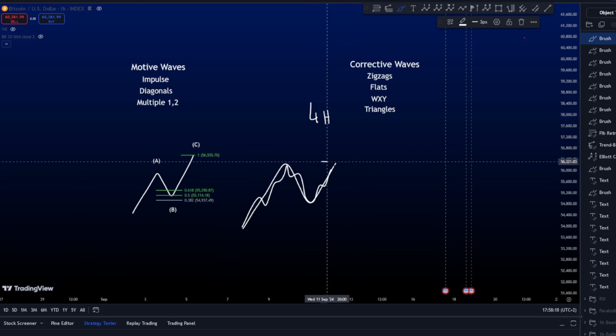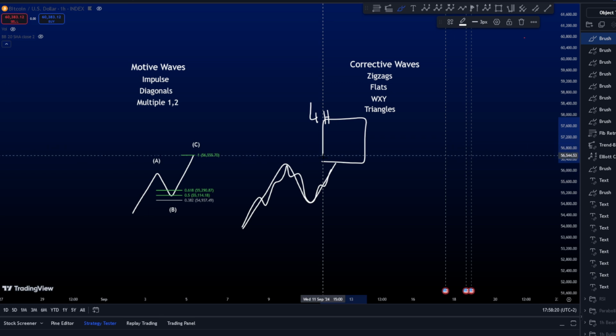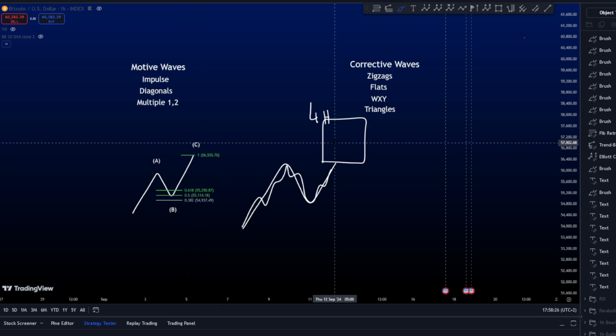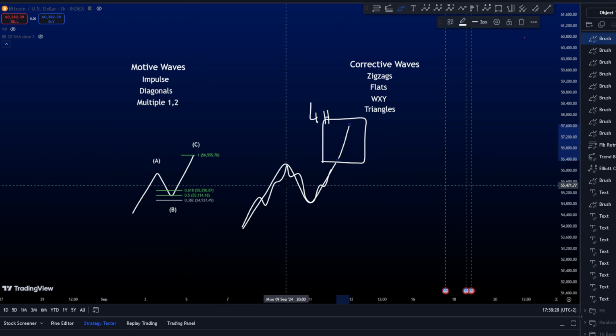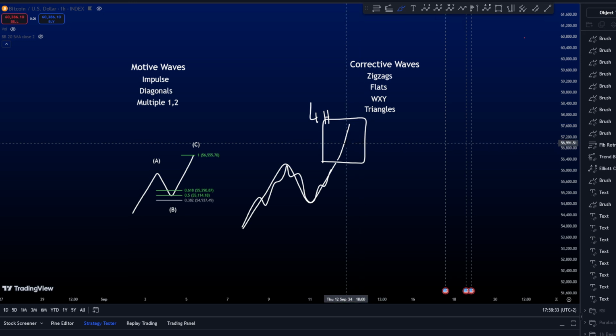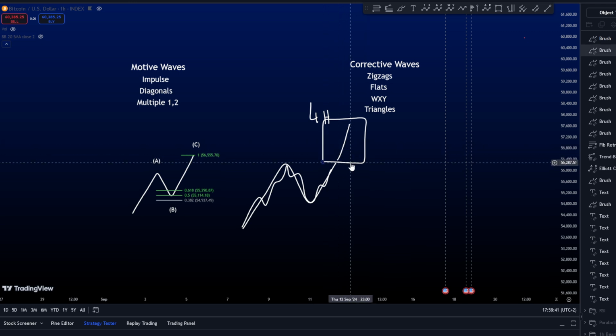On the 4-hour chart, if you trade this, it's going to be a big portion of profit, while if you trade this on a 15-minute chart, this will be a very small portion of profit and very, very risky based on the risk-profit ratio. The risk-profit ratio is very, very small.